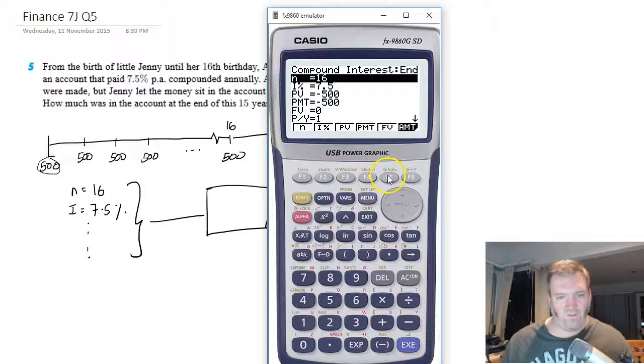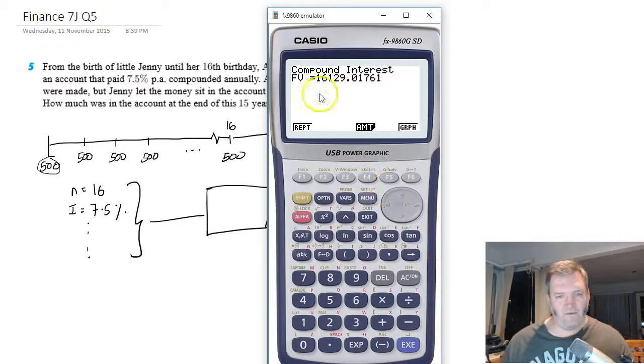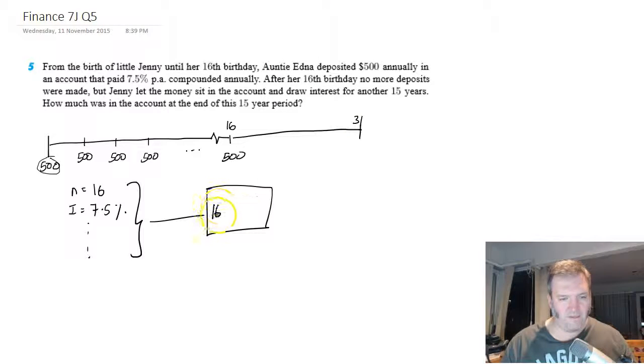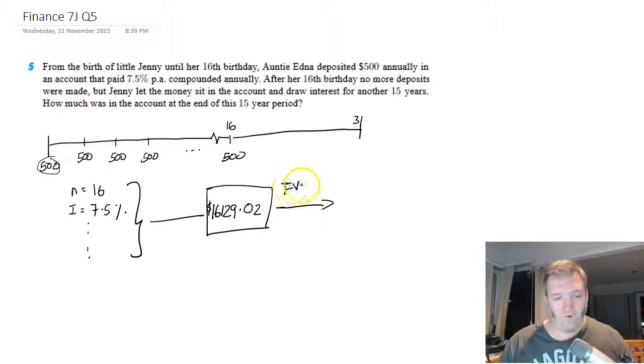So we go ahead and do that, and the future value of that is 16,129.01761. So that's $16,129.02.